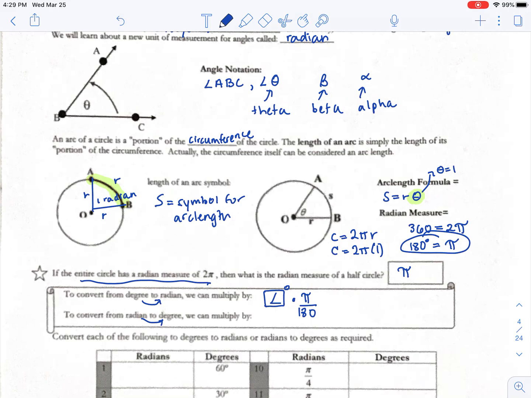Okay, now if I wanted to, and I'm going to switch colors here, if I wanted to go from radians to degrees, you're given an angle measure, but this time the angle is in terms of radians. And usually we don't have to write radians. If you just write an angle measure without the degree symbol, it's assumed to be radians. So you have the angle measure and you want to convert it to degrees.